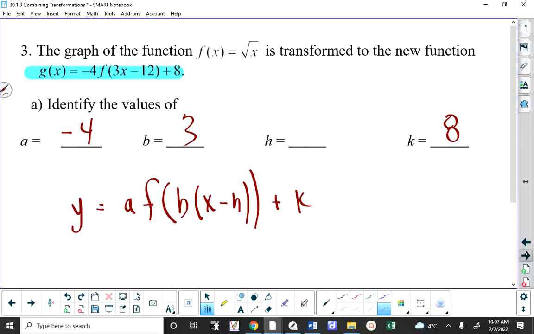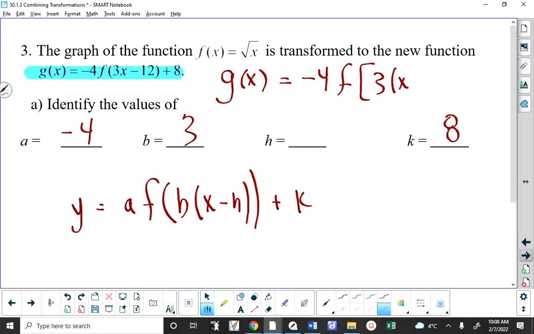Because to factor the 3 out, you're going to say, well, what do I multiply 3 by to get 12? When I put this into the template form, by the way, sometimes I'll put a square bracket there, sometimes I put round. It doesn't matter. I have to factor 3 out of 3x minus 12. When I take 3 out of 3x, I'm left with x.